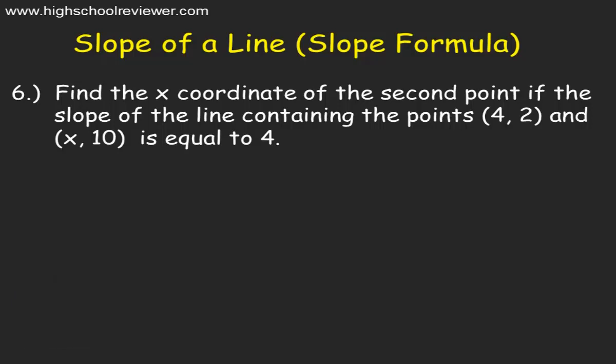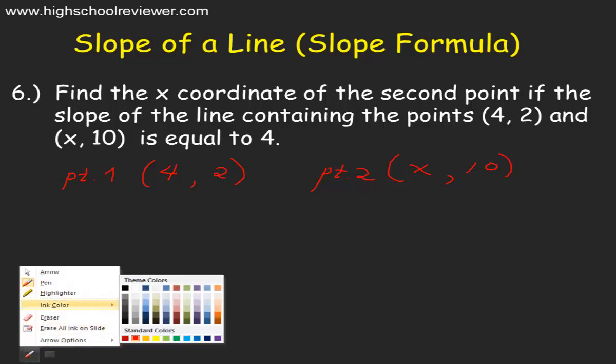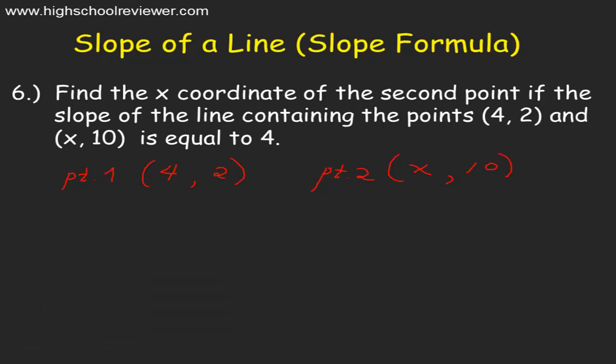So for point 1, we have positive 4 and positive 2. For point 2, we have x, which is the unknown, and positive 10. So let us identify the x sub 1, y sub 1, and x sub 2, and y sub 2.